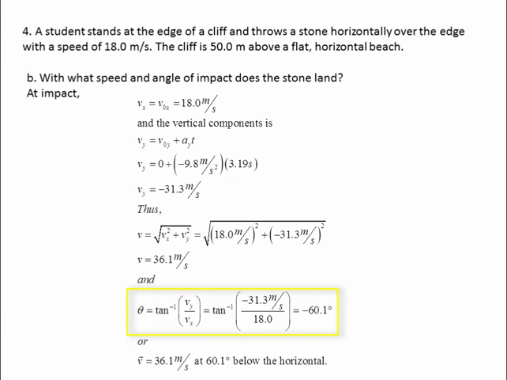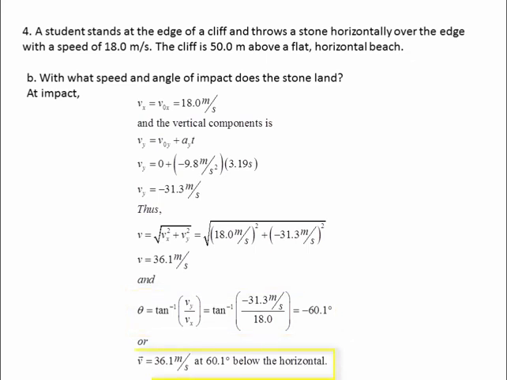The inverse tangent then of the velocity in the y direction divided by the velocity in the x direction. So minus 31.3 meters per second divided by 18 meters per second gives me a value then when I take the inverse tangent or the arctangent of an angle of minus 60.1 degrees.